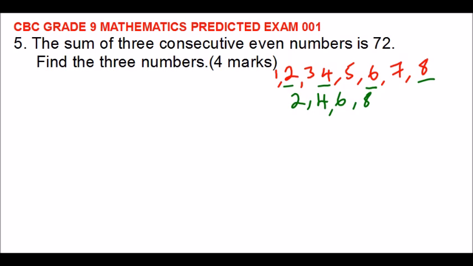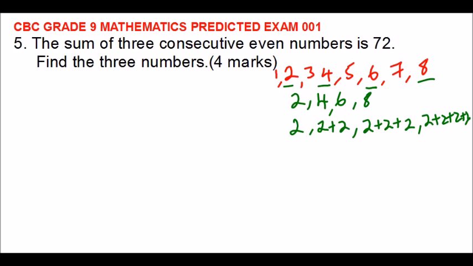And you can see here that we can write 2. To get 4, we can add 2 to 2. We get 4. To get 6, we can add 2 plus 2 plus 2. The same case, 2 plus 2 plus 2 plus 2 to get 8.